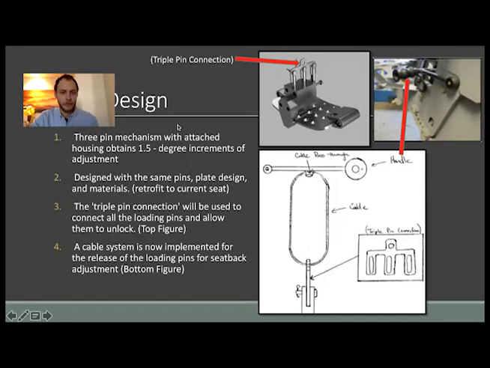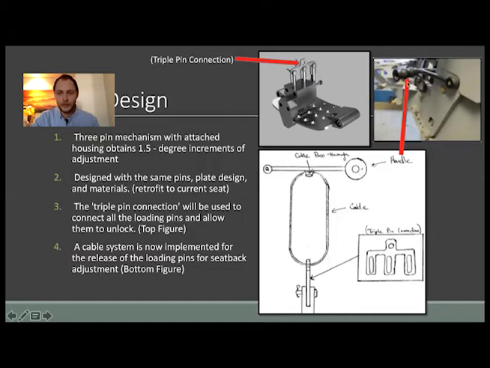The best thing about this design is it does meet that requirement exactly at 1.5 degree increments of adjustment. We ended up taking the same pin sizes, same plate design, same materials to retrofit to their current seats, which was definitely a preference from the sponsor at Collins.